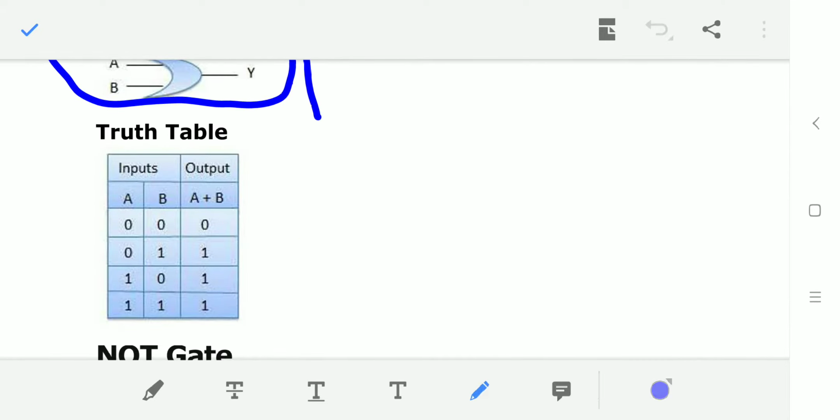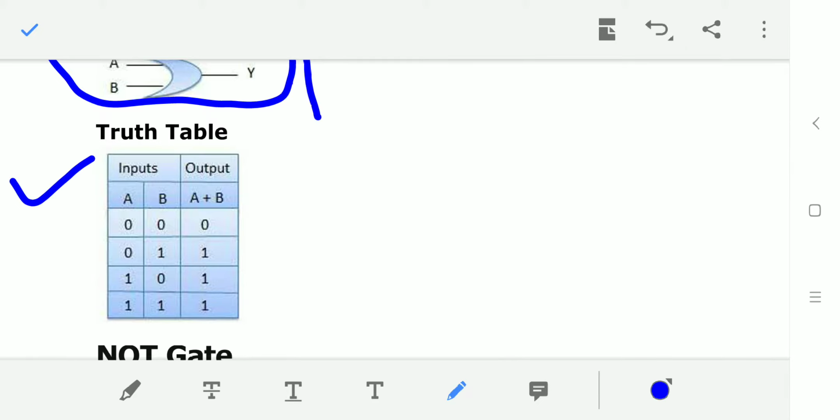This is the truth table. आप इसको 0 0 भी बोल सकते हैं, इनपुट्स जो यहाँ पे दिखाई गई हैं, या फिर आप as a true false करके भी इसको understand कर सकते हैं. If both inputs are false, then output is false.